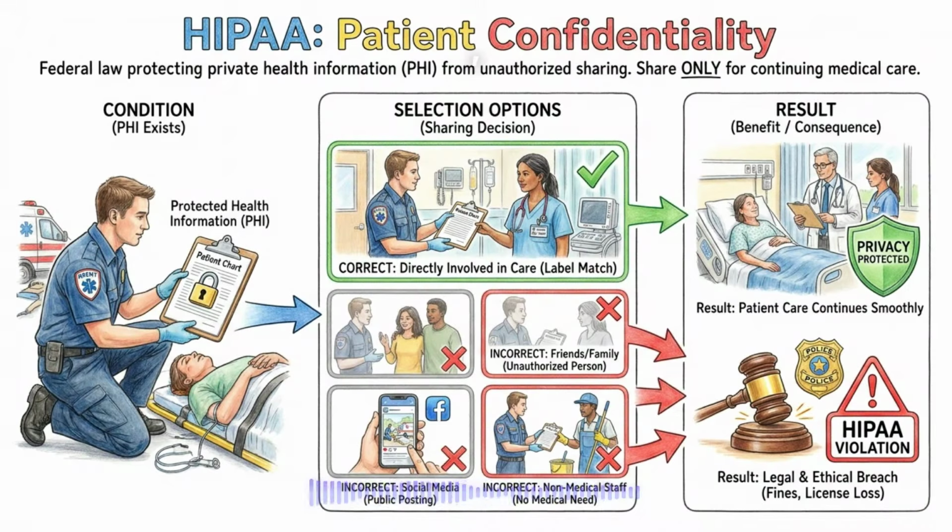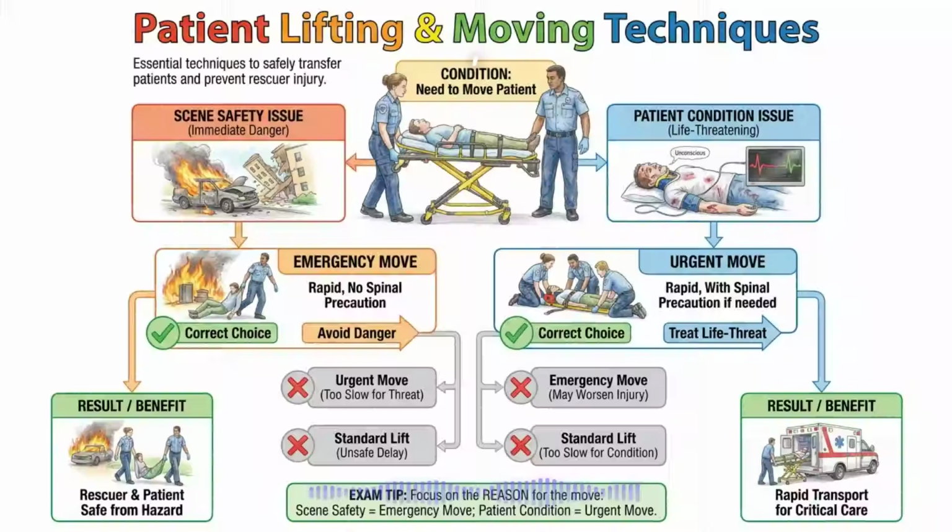For example, you can share a patient chart with the triage nurse at the hospital, but you cannot discuss the patient details with your friends or post about the call on social media. Exam scenarios will test your ability to recognize legal sharing versus HIPAA violations. So always guard patient privacy closely.